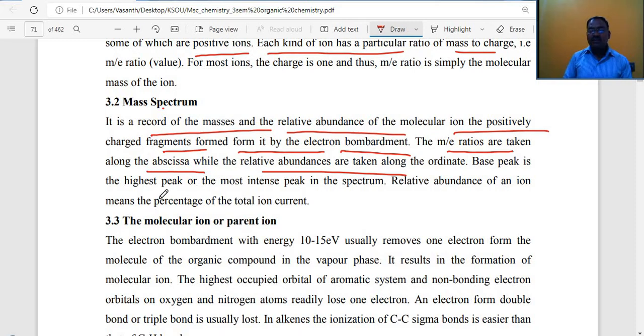The base peak is the highest peak, the most intense peak in the spectrum. This is very important. The relative abundance of an ion means its percentage of the total ion current.